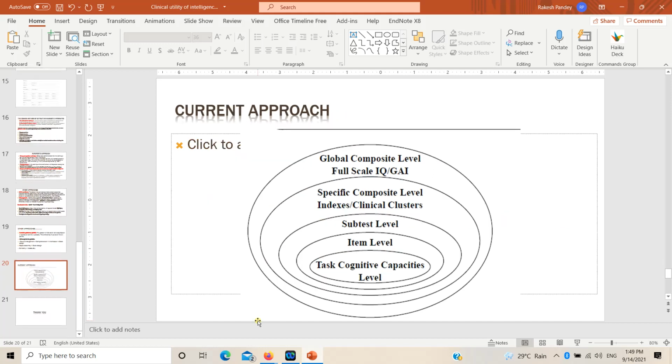Now I will conclude today's lecture and then I will provide you some time. So overall, currently, how do we interpret the intelligence test in a clinical setting? We do it at different levels. The first level is the full scale IQ or global composite level.